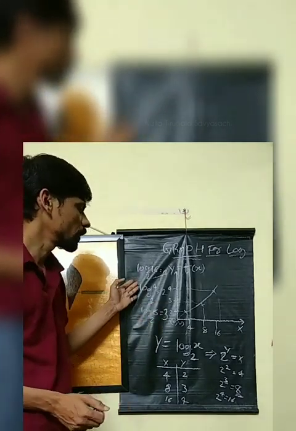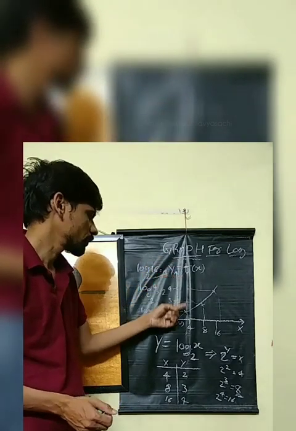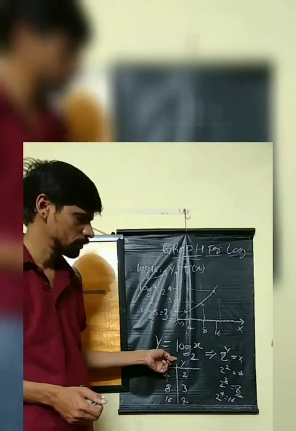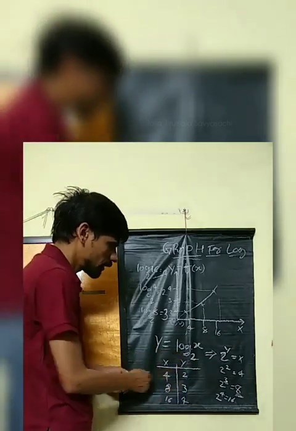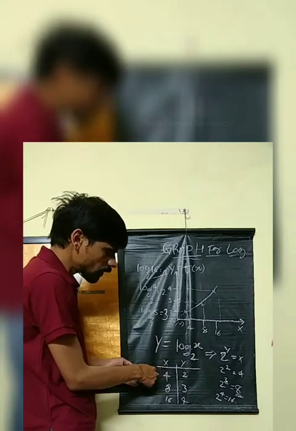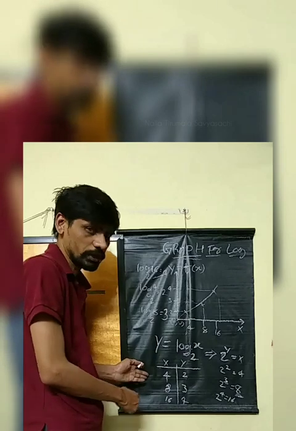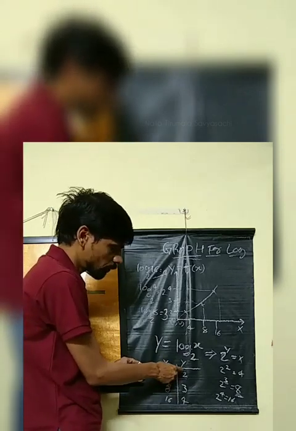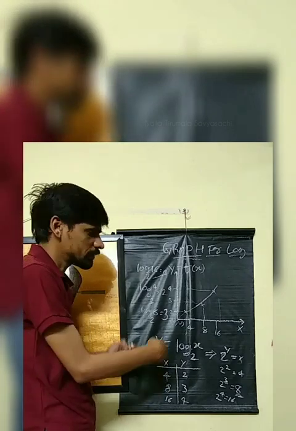Now we are able to draw a graph for the given f of x, the logarithmic function. We can calculate y by giving input x, and by providing a value for y here, we can calculate x in the same way.